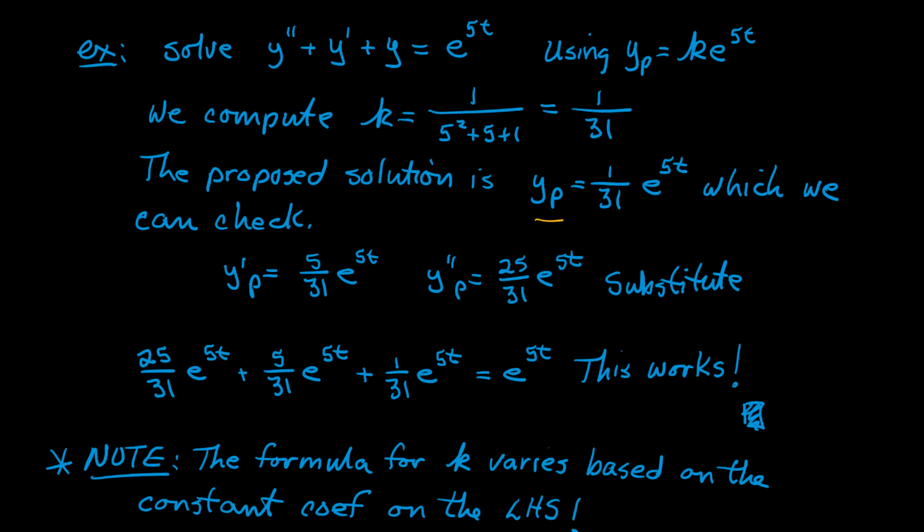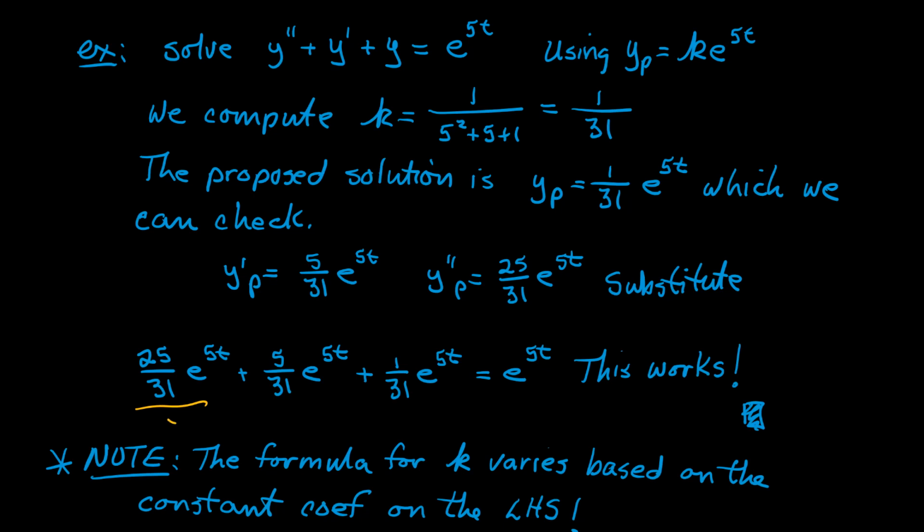First, I have my proposed solution. I'm going to compute the derivative of it, which is going to be 5 over 31 e to the 5t. The second derivative of the proposed solution is going to be 5 times 5, or, I'm sorry, 25 over 31 e to the 5t. Substitute this back into our original equation.